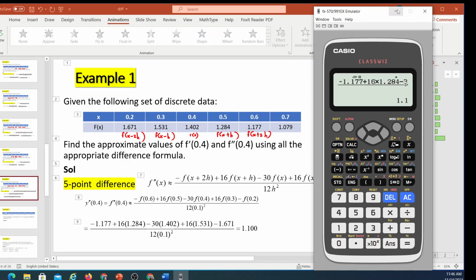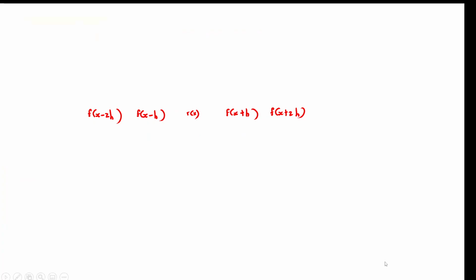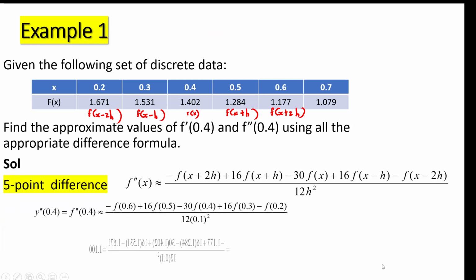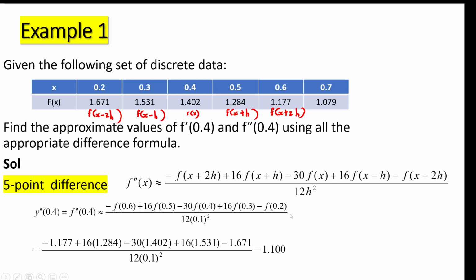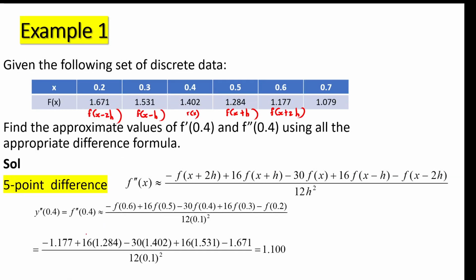So 1.1. In your answering during test or final, you may write down the formula if you want. You can make this step, and this one you can skip if you don't write down the formula, so at least you have this step and this step.